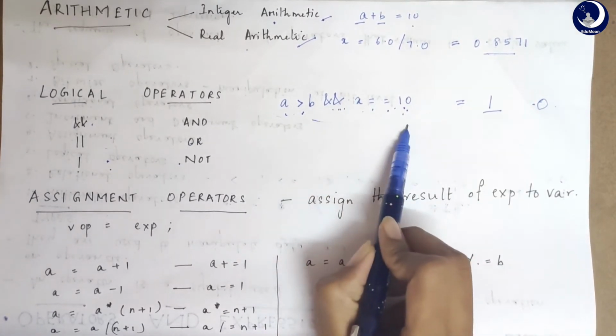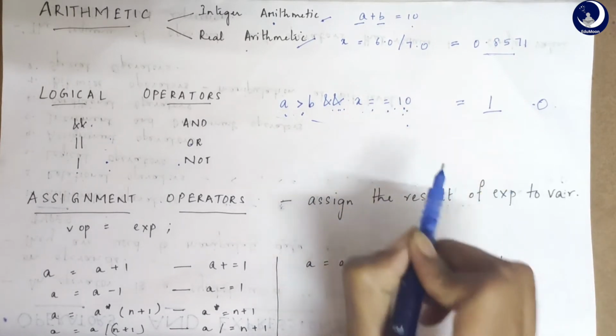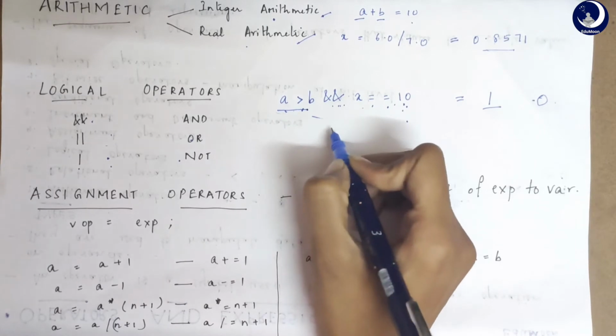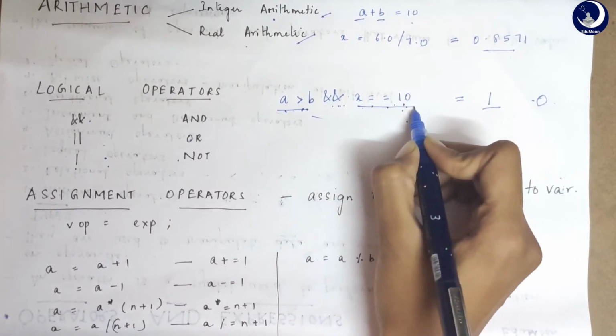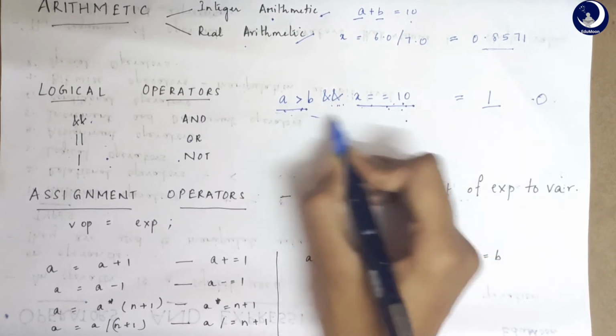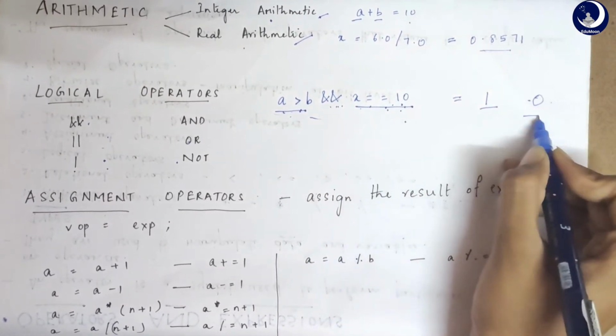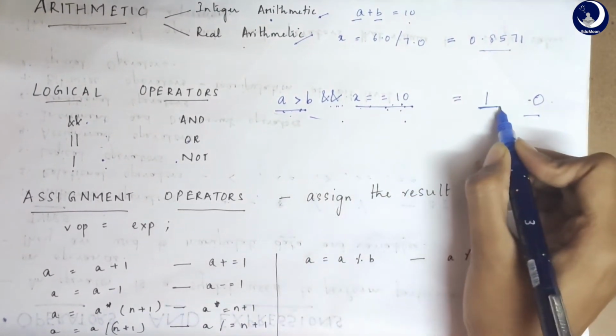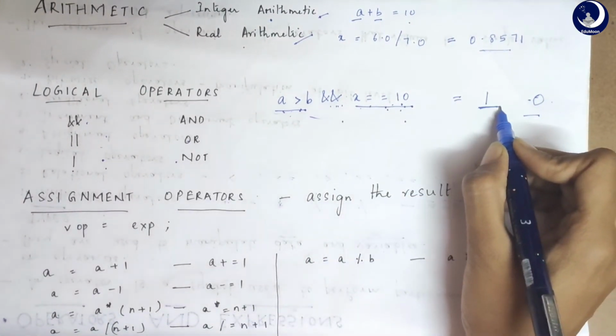This logical expression is true only if a is greater than b and x is equal to 10. If either of them tends to be false, the expression will return 0 or false. If it is true, the expression will return 1 or true.